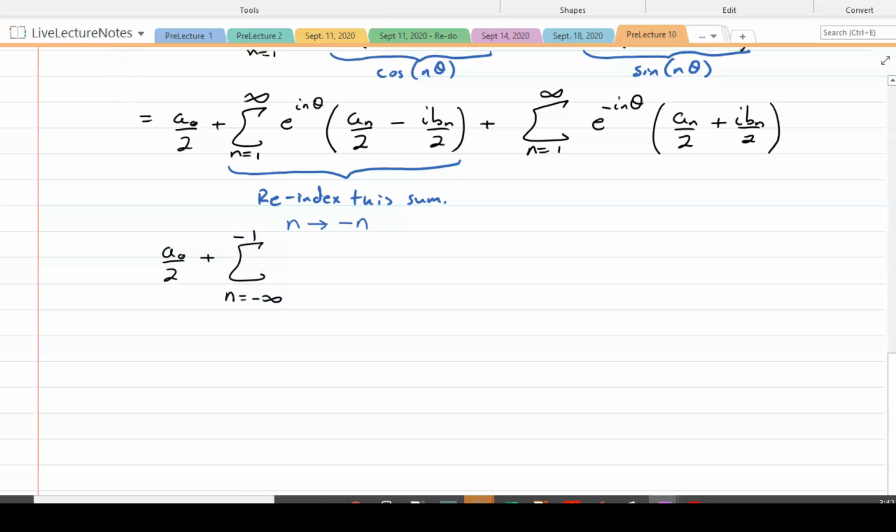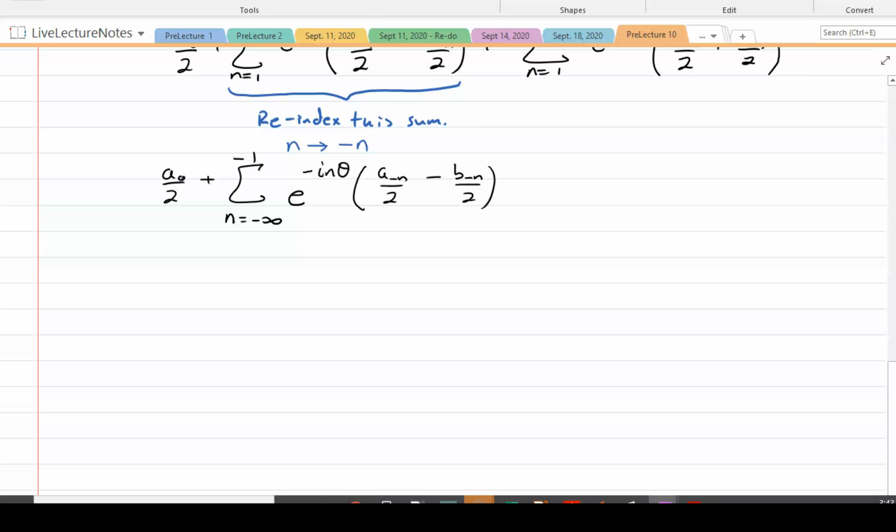Okay? So just like before, I had to change the limits, and then everywhere inside the summation, I change n to minus n. Minus i n theta, a minus n over 2 minus, minus i, b minus n over 2.